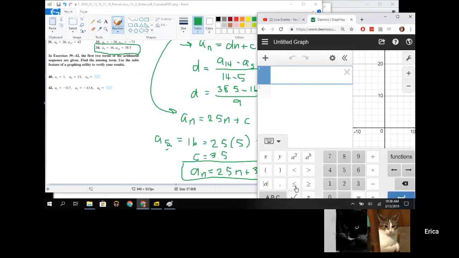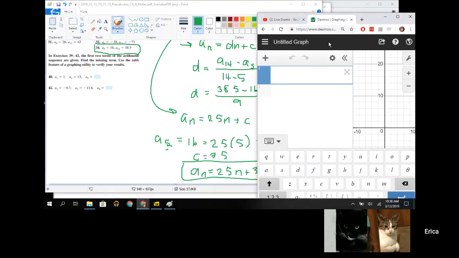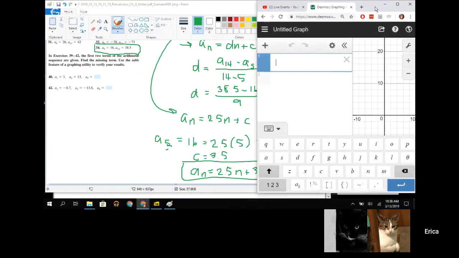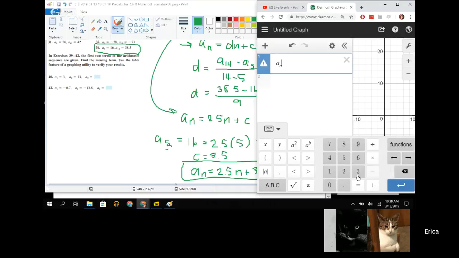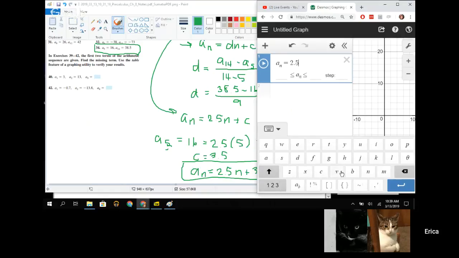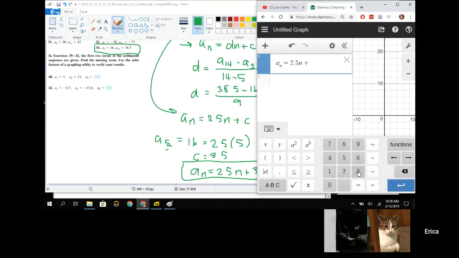You can try it. Let's try it. A sub n does let you do it. I don't know if it's going to work on the other side. A sub n equals 2.5n plus 3.5.